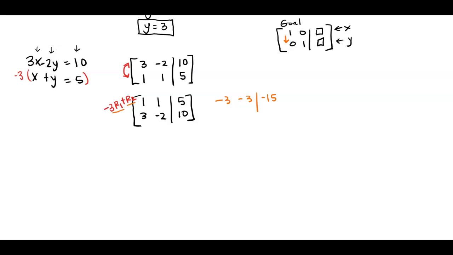Now I want to add row 2 to it. So I'm going to put the row 2 underneath it. So 3, -2, and 10. And then I just need to add these guys together. All right, so notice when I add those together, I get a 0, which is what I wanted, and then -5 and -5. So when I write down my next matrix, notice what happens here.